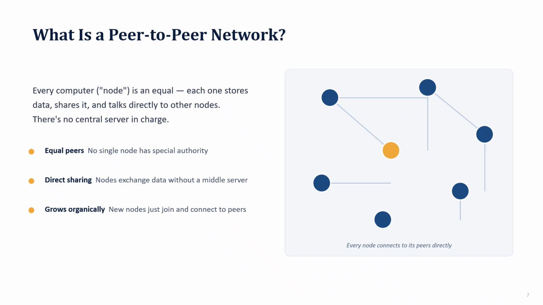Sharing is direct, node to node, without a middleman server. And the network grows organically. A new computer just connects to a few existing peers and it's part of the network. This diagram shows every node connecting to every node.